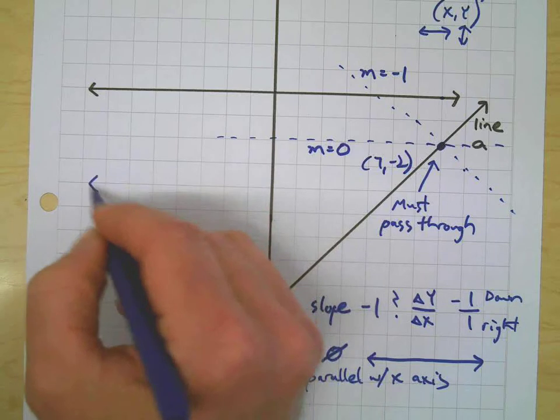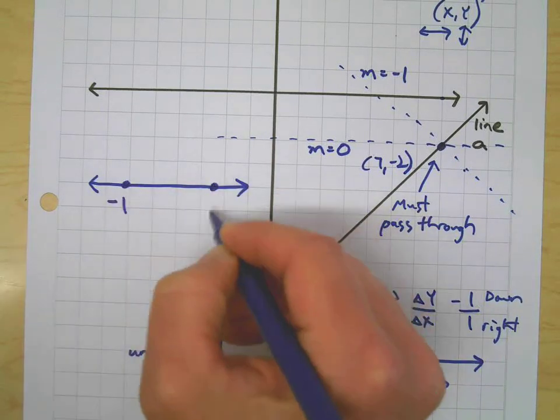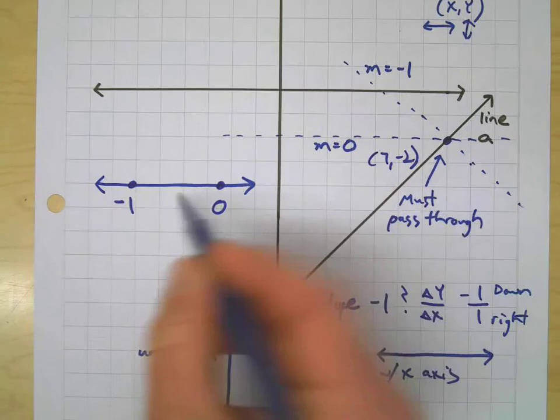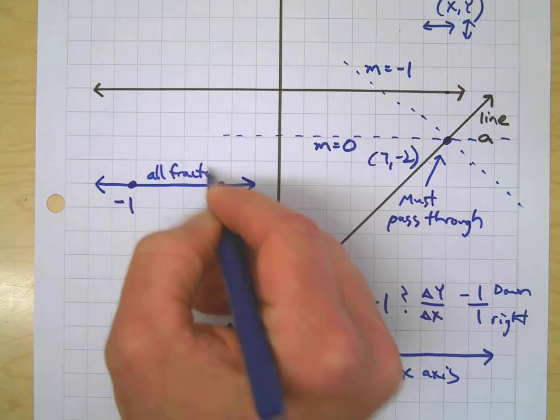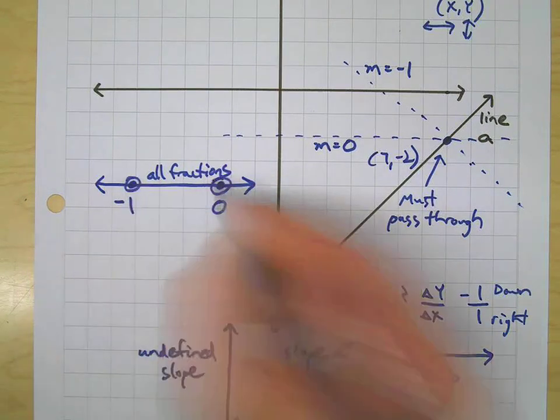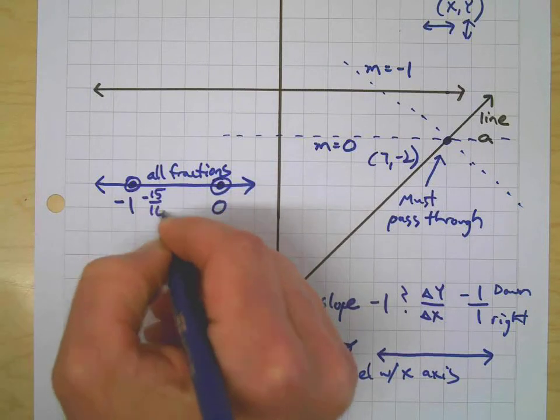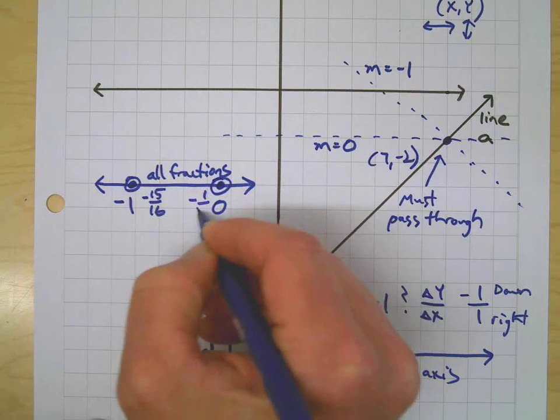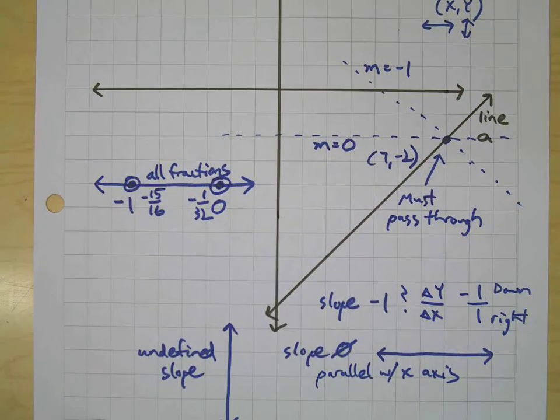If we had a number line with -1 and 0 on it, this would be all the fractions that fall in there, not including those. So we could have -15/16, we could have -1/32, anything in between.